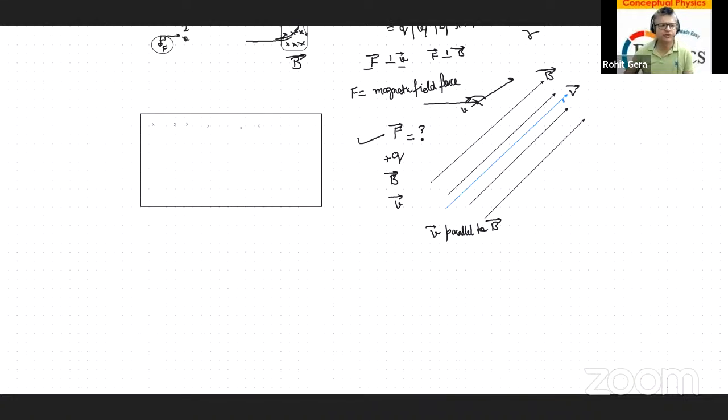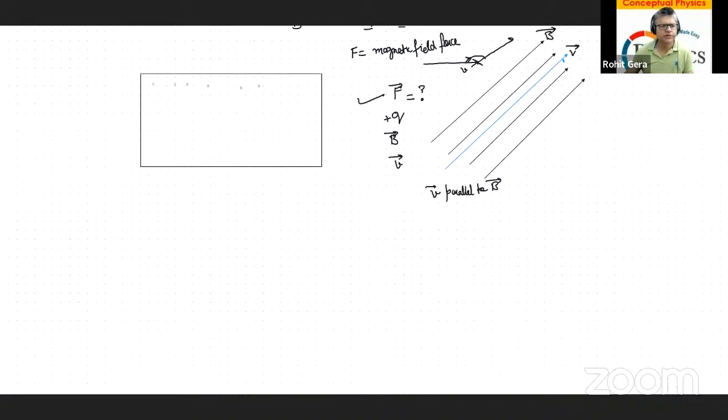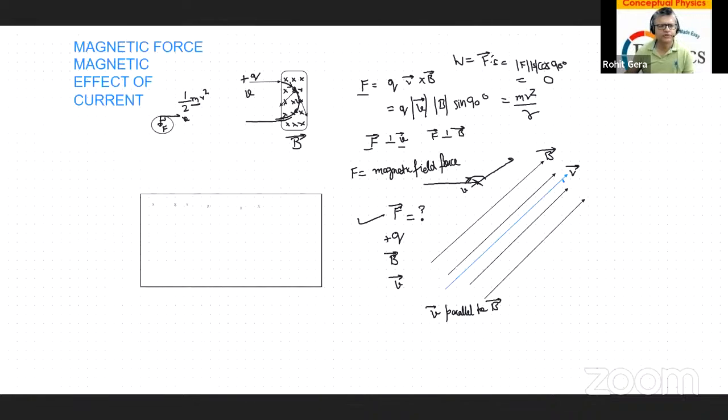Let's create one more situation, okay? So this is your region of magnetic field. So these are the magnetic field lines.